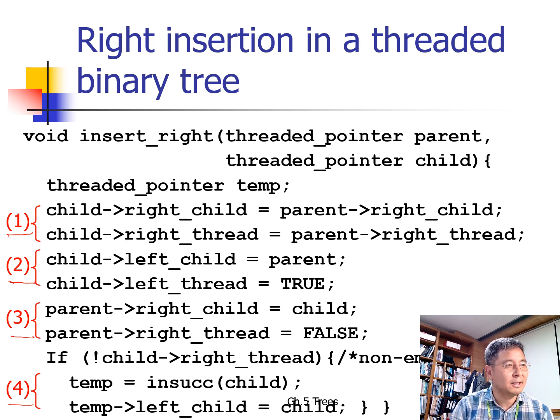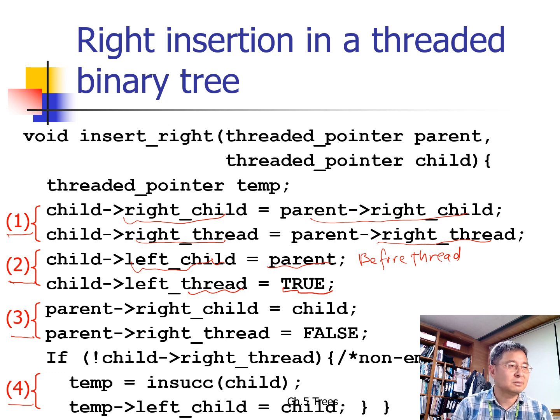First, the right child value should be assigned the parent's right child, and the right thread should be the parent's right thread. And the child's left child becomes the parent, that is the before thread, so the thread flag field must be true.